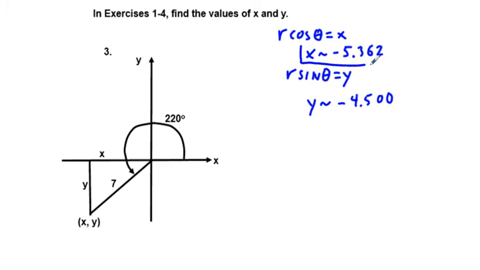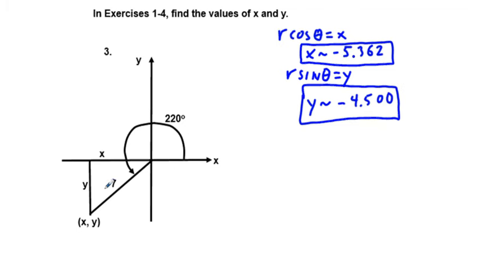And we can also do this problem using a reference triangle. A reference angle is found by dropping straight to the x-axis, in this case straight up. And what we have for this angle here is going to be 220 minus 180 degrees. So our reference angle is going to be 40 degrees.